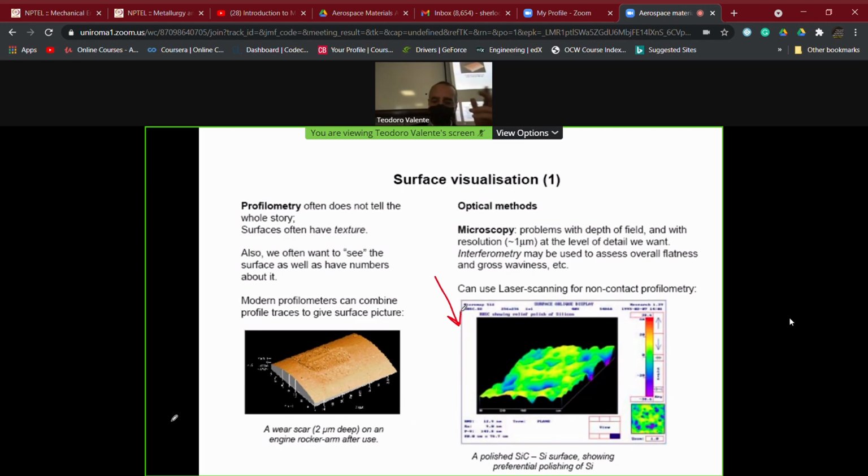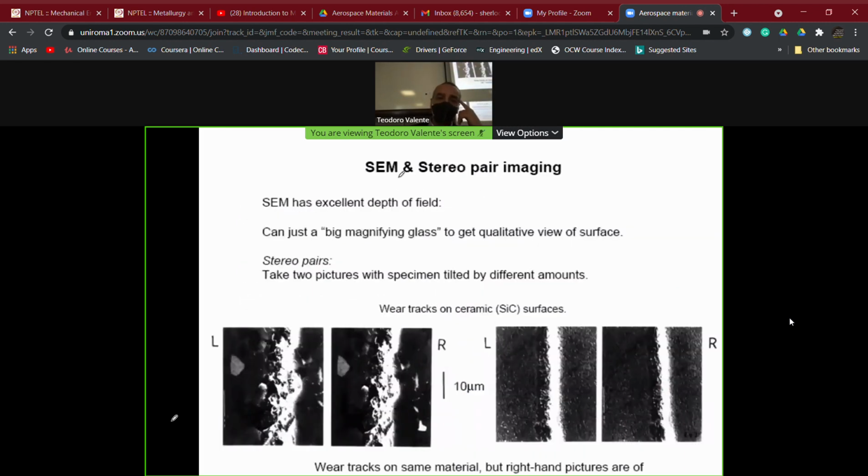These are just two examples. Or we can use scanning electron microscopy or stereo pair imaging based on microscopy, which has an excellent depth of field. But remember, we usually work with scanning electron microscopy with magnifications up to, that's the maximum limit, 10 to 5.